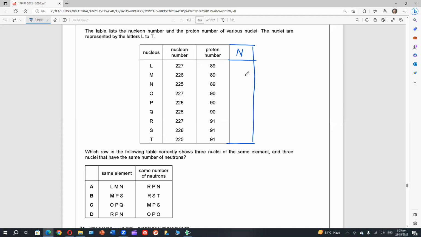How much is 227 minus 89? So in this way, we can make a list of it. So let's try this.